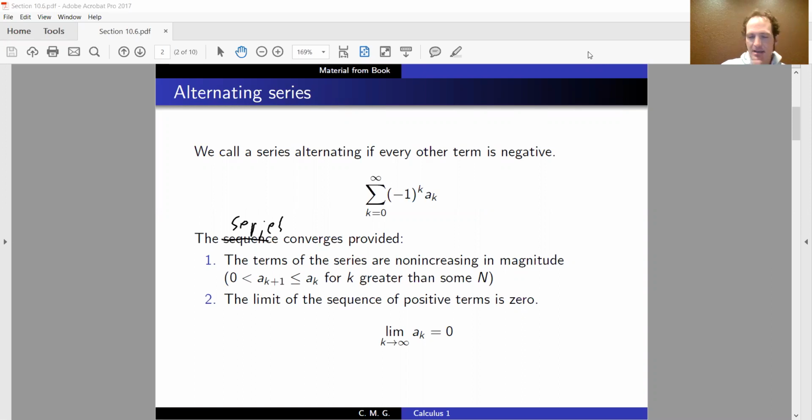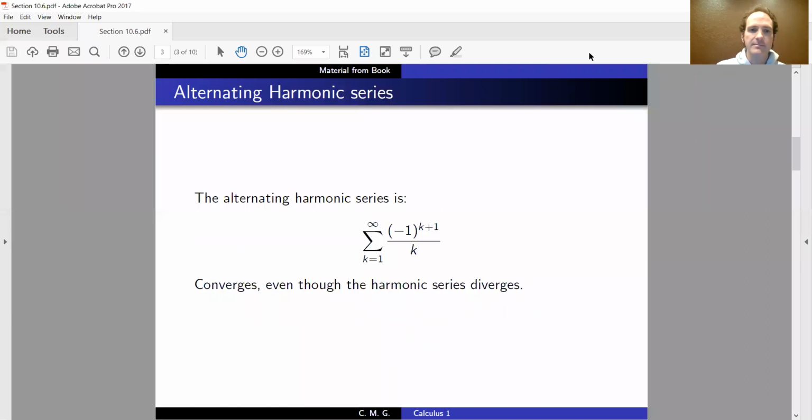It doesn't have to happen right away, but eventually, after some big number, all the terms after there are decreasing or not increasing. And the other requirement is that the limit of the sequence of positive terms is 0. So the two things we need to know are: are they non-increasing in magnitude, and is the sequence limit actually 0? If we can check those two things, then we are done.